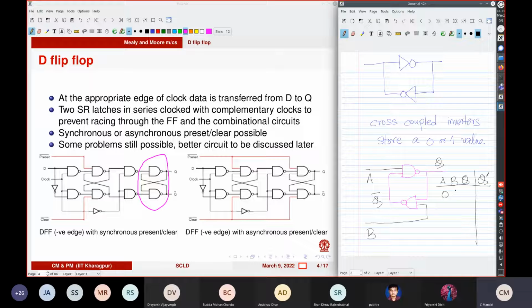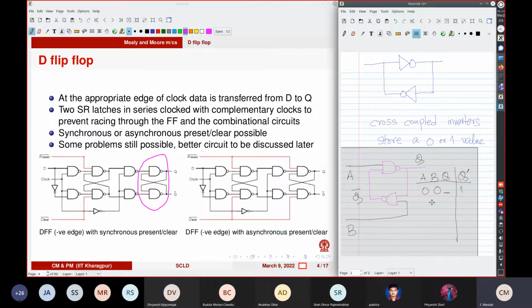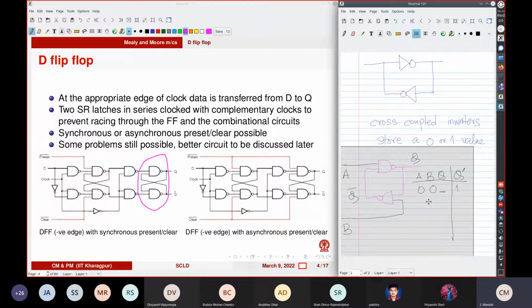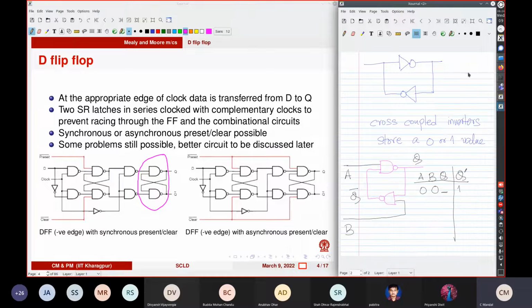It's just a new value of Q. So if this is 0 and this is 0, then irrespective of the value of Q, okay, Q prime is 1. And Q bar prime is also 1.